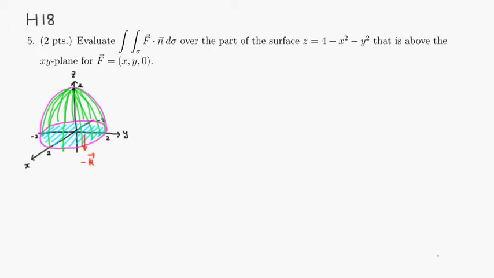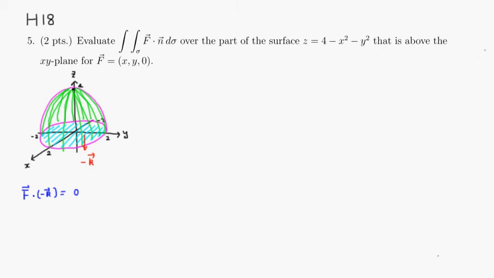Luckily, if you compute F dot -k, since there's no z component, this is actually 0. So there's no contribution from this, and we can add this bottom piece onto here.